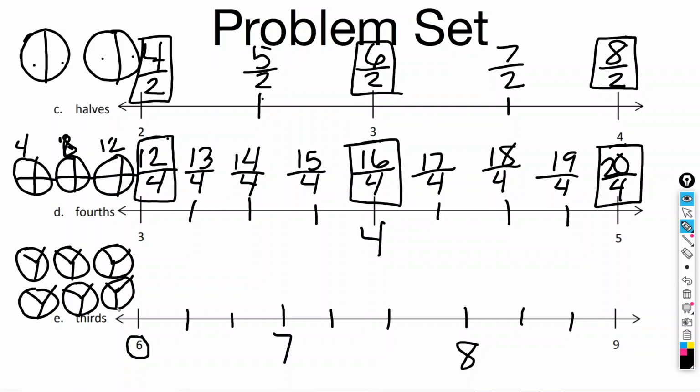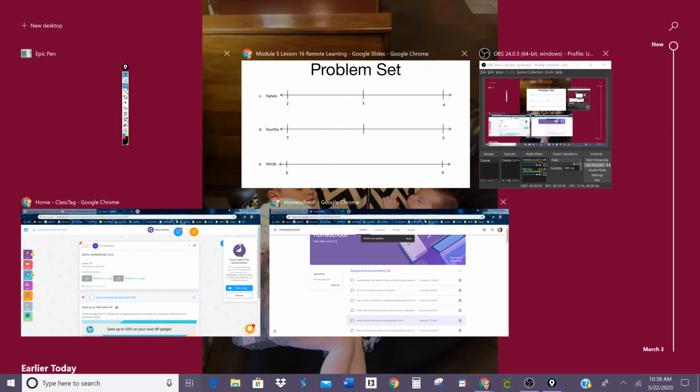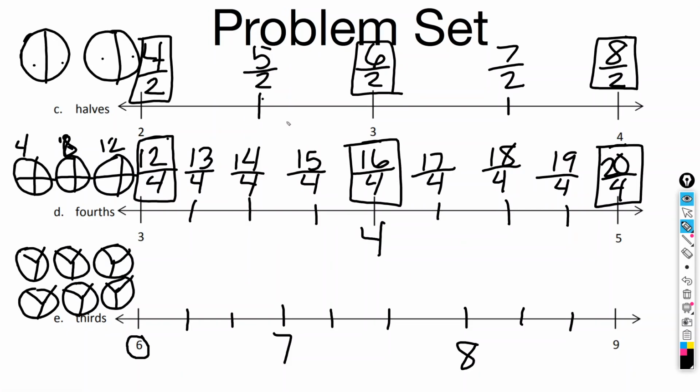And then I'm going to go ahead and skip count. 3, 6, 9, 12, 15, 18. So 6 wholes is going to be the same as 18 thirds.